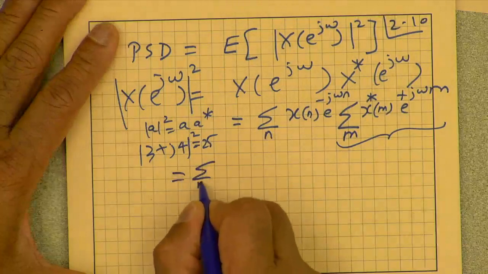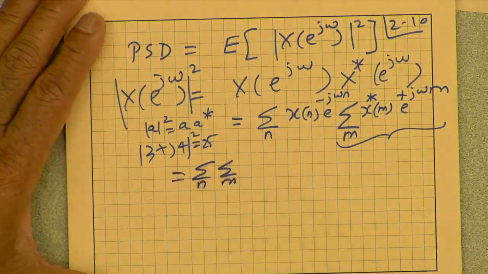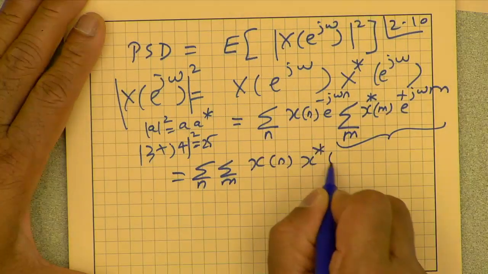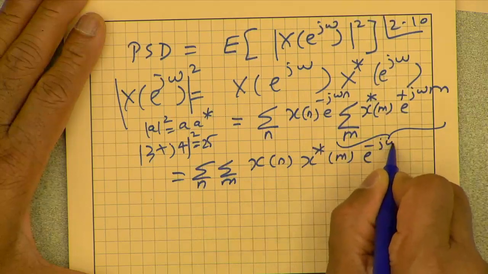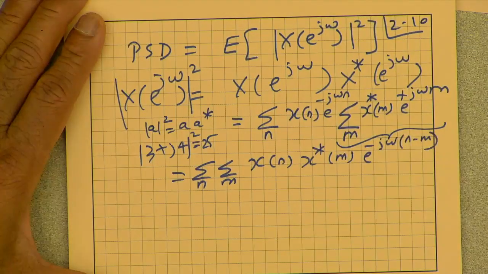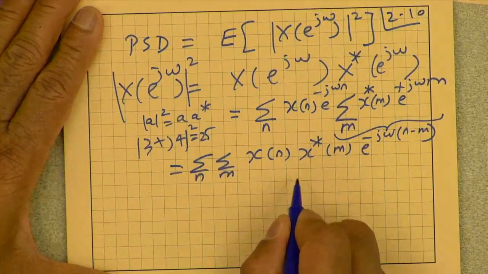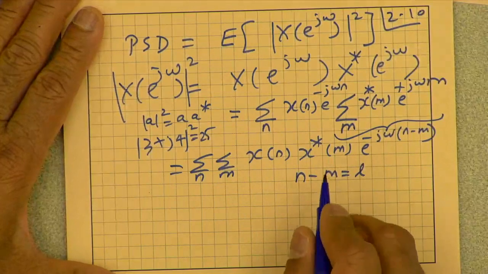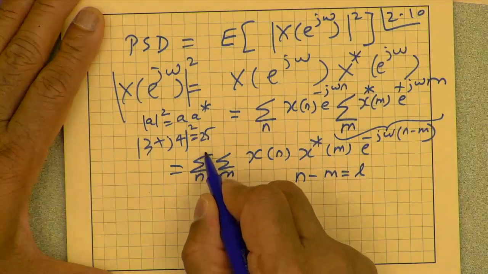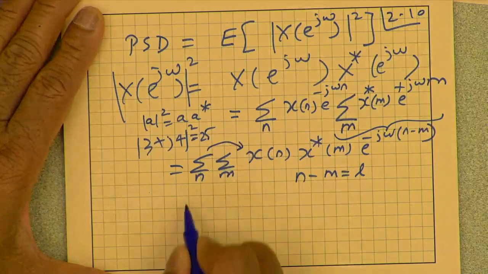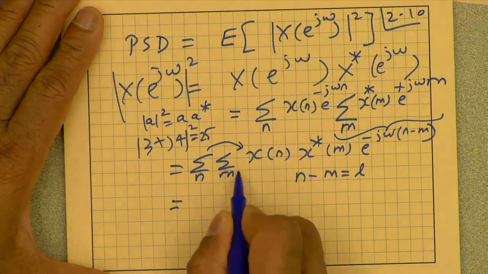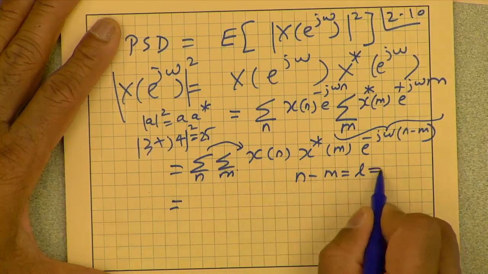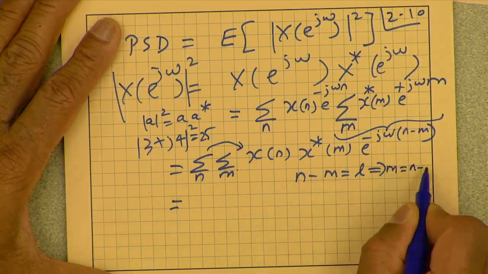And then if I collect the double sums together, n and m, then this is x[n] x conjugate[m] e^(-jω(n-m)), and if I substitute n minus m as L, and if I switch this, take this sum inside, okay, so the inner sum, the outer sum is now, so this implies m is equal to n minus L.